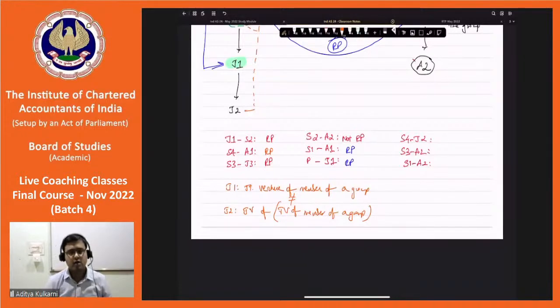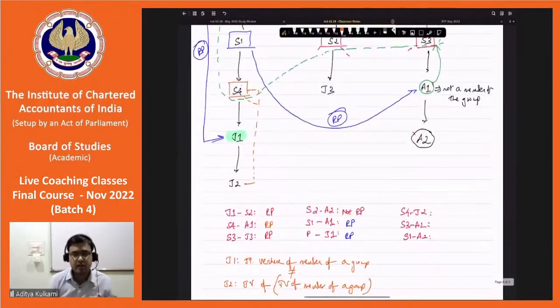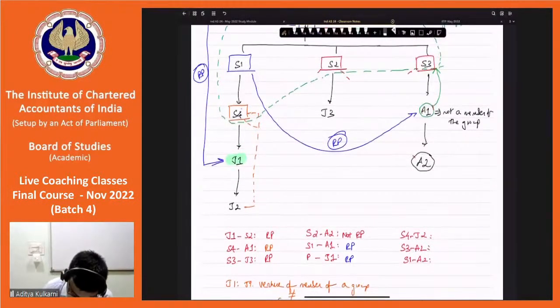And therefore, J2 is not a joint venture of a member of the group. Member of the group means parents and subsidiaries, fellow subsidiaries only. Associate will not come in that. Joint venture will not come in that. So we are not discussing that. We are not saying that they are members of the group. So J2 is not a joint venture of any member of the group, and therefore S4 and J2 is not a related party. Not related party.